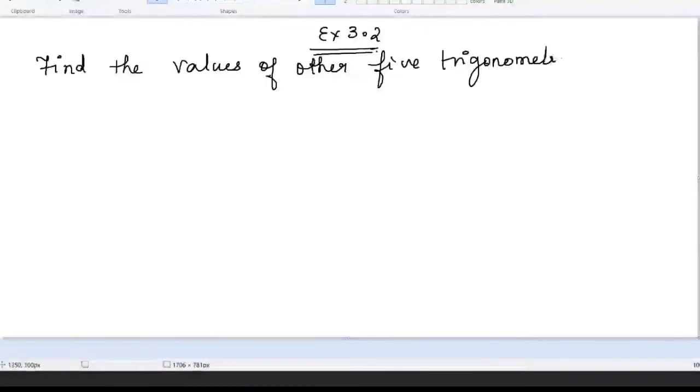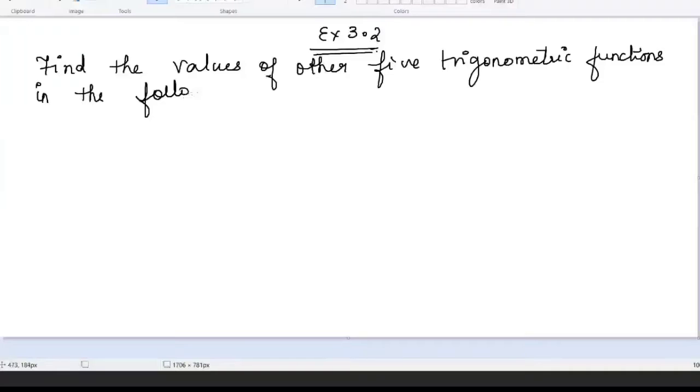That means one will be given, and the other 5 will be asked. So find the values of the other 5 trigonometric functions in the following.